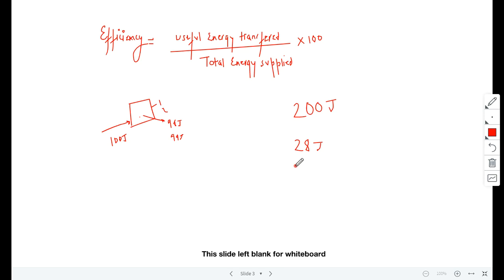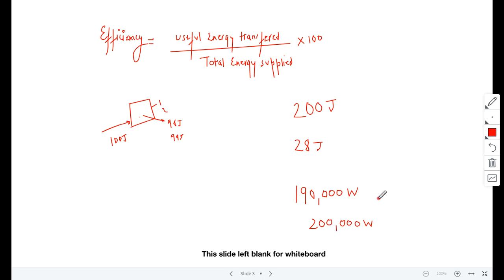Now there's another question. A transformer usefully transfers 190,000 watts of the 200,000 watts of energy supplied to it.